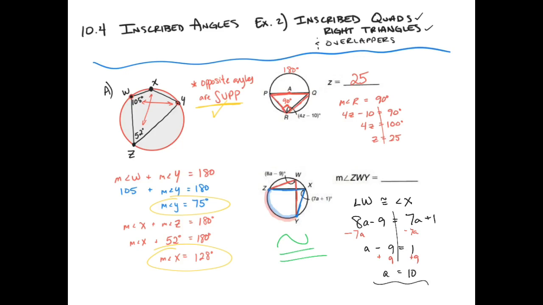So a equals 10, but I can't stop there. It asks for angle ZWY. Angle Z, vertex W, Y. So if I know that a equals 10, then that's going to be 8 times 10 minus 9. 8 times 10 is 80, and 80 minus 9 is 71. So that angle is 71 degrees.